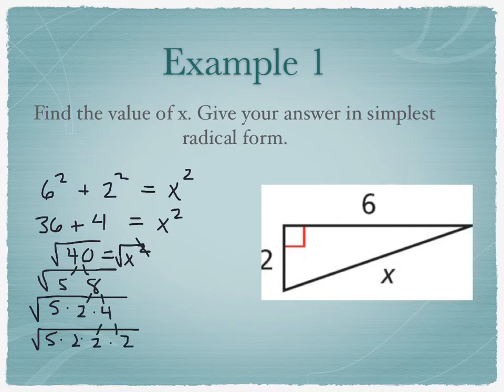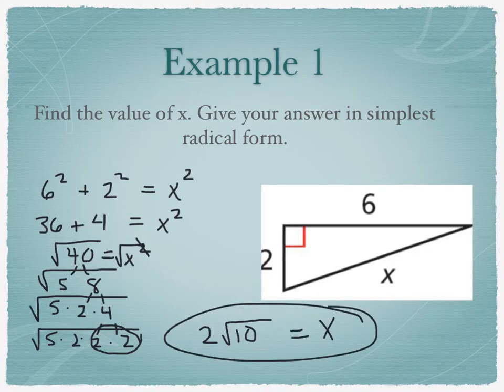What pairs do we have here? We have a pair of 2's. So what do we get as our answer? 2 square root 10. So that's our length of the hypotenuse, 2 square root 10.